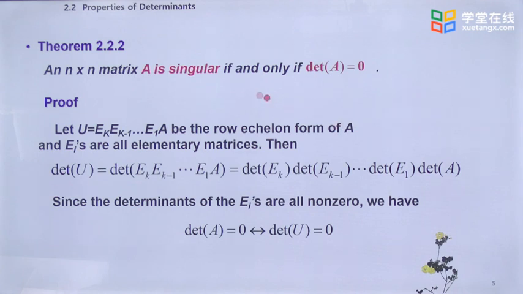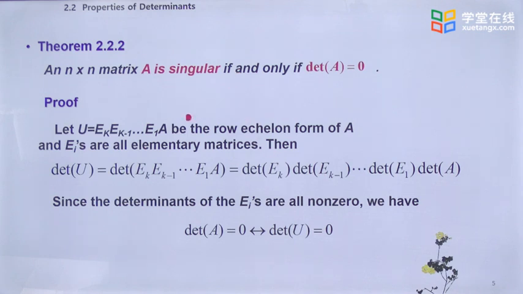So we see the proof, how to show this. Let U equals E_k times E_{k-1} times till E_1 times A be the row echelon form of A, and the E_i are all elementary matrices.